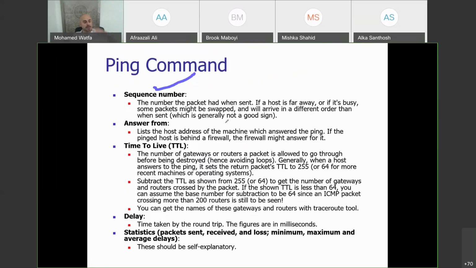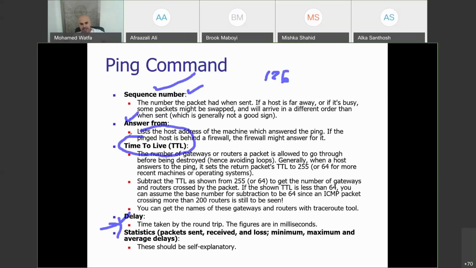You want to see the sequence number. What is the number that the packet has? For example, 1, 2, 5. It's like the packet ID. So this is important, not very important. The most important for me, again, you could check out the others, is getting the answer. Of course, the delay, the time taken. This is what you will get, the time taken.